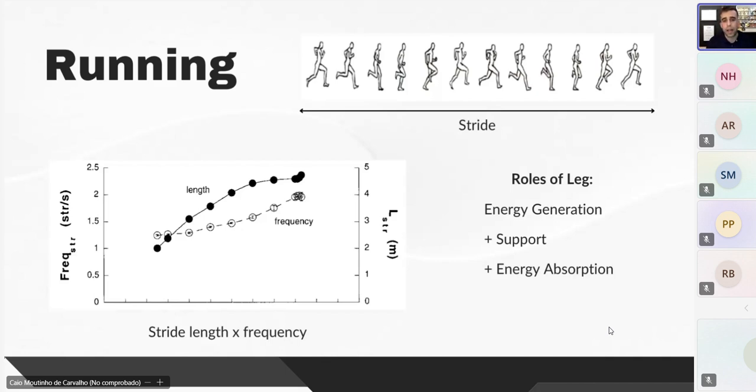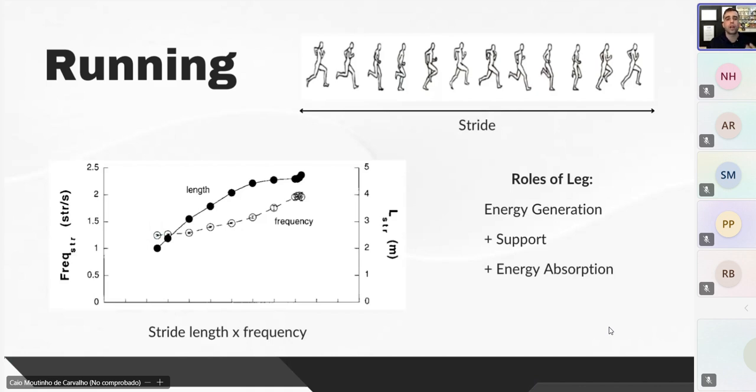Okay, and for that, it's interesting to see one thing first, that is the stride length against the frequency. When we're running at a low speed, we tend to keep a shorter, smaller stride, with a lower frequency of steps as well. So we run slowly.